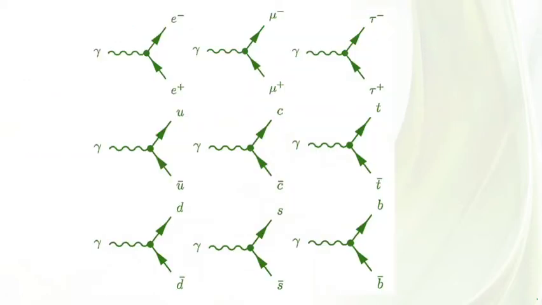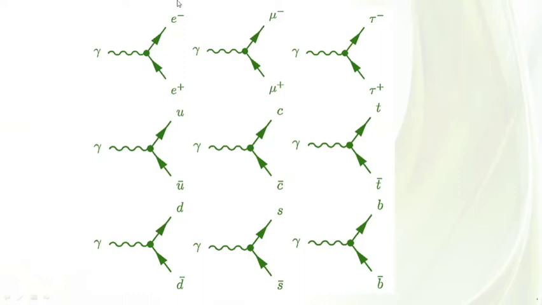We can draw many Feynman diagrams for a single interaction, but we have to draw the simplest one to understand the concept easily. Here one gamma photon decays into a positron and an electron.